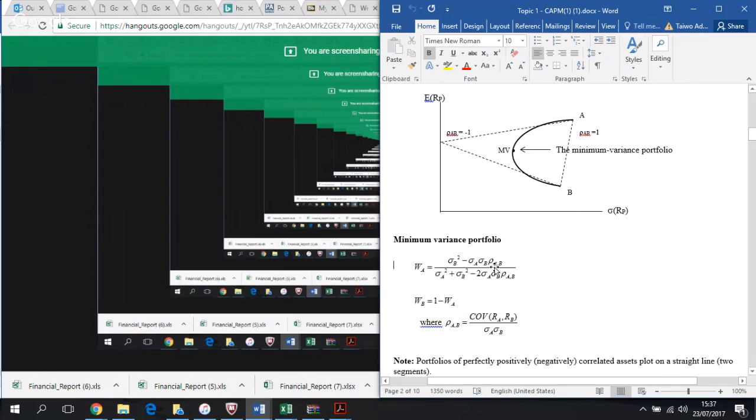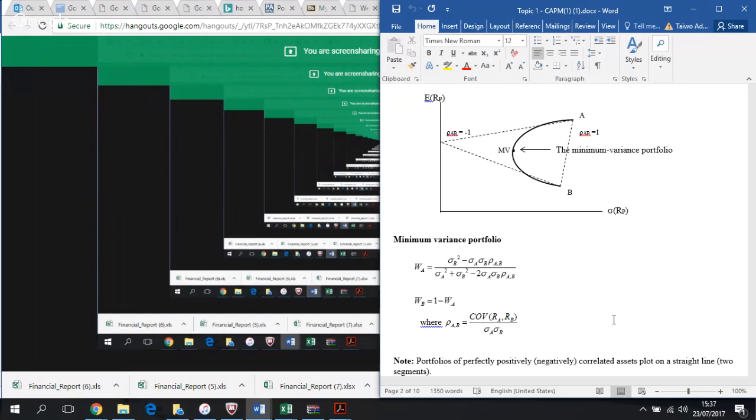This is what we need, this covariance, to be able to find the weight of A. So you need to figure out the correlation and the covariance between A and B. This percent is how much you need to invest in A for a minimum variance portfolio, a portfolio that has the lowest risk.